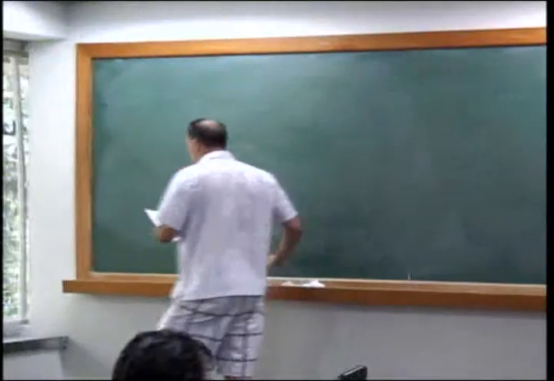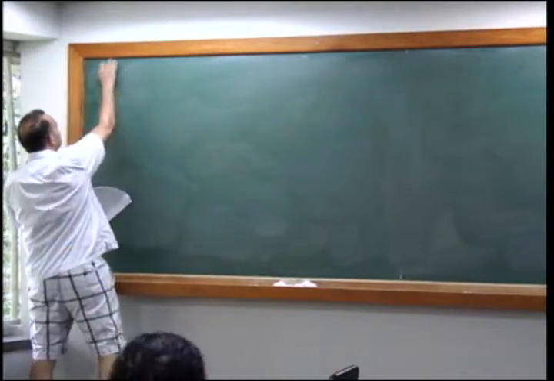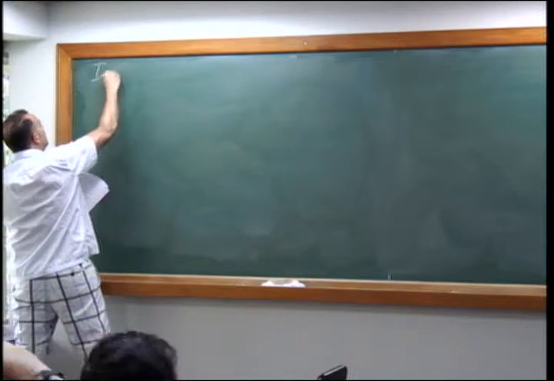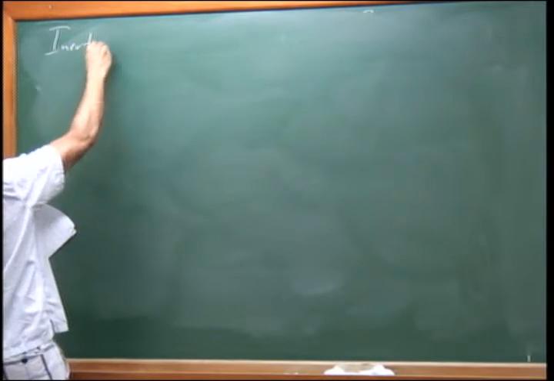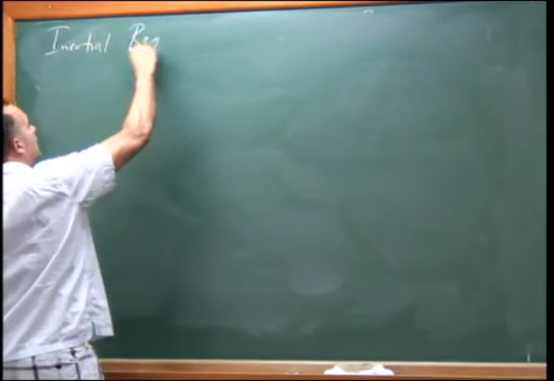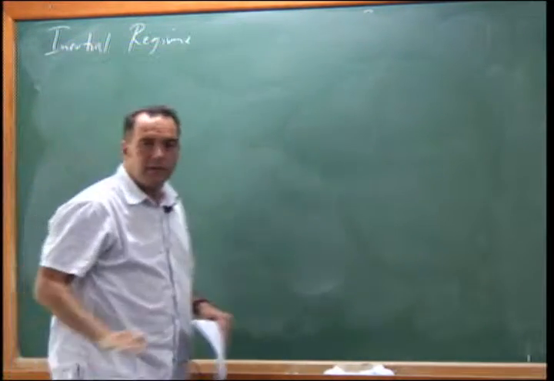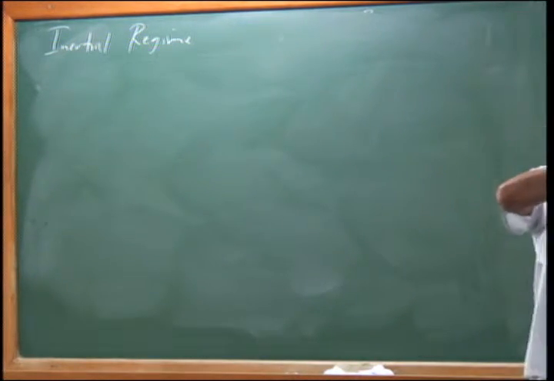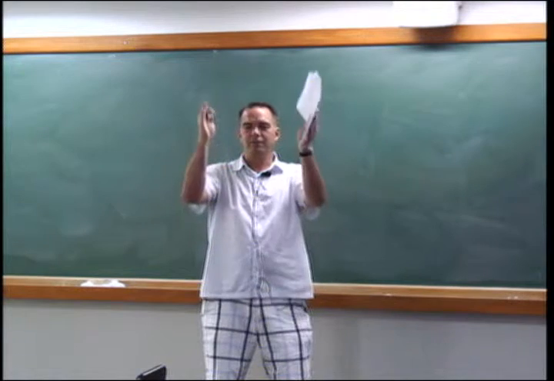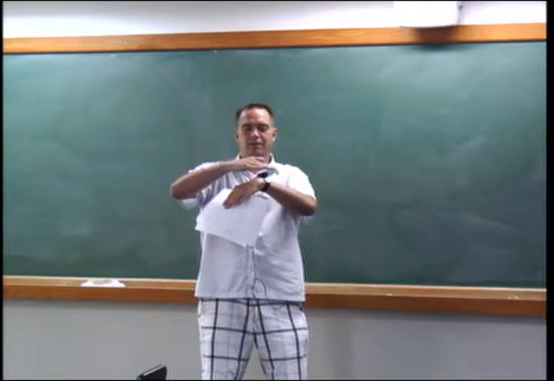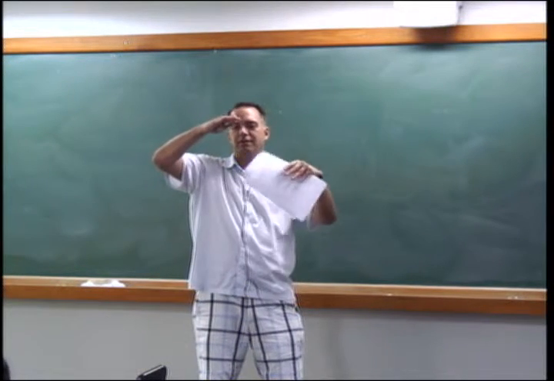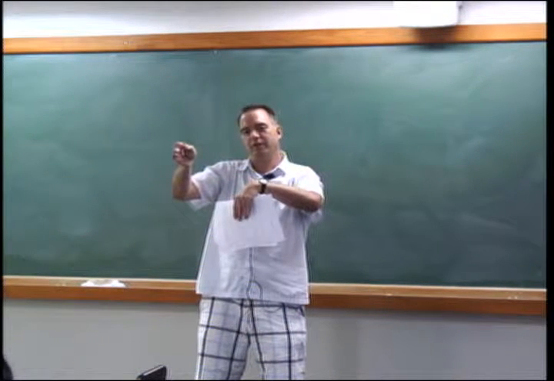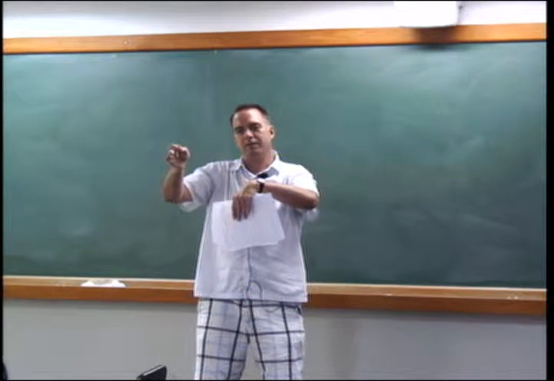What's that? Slug flow means the whole thing's just moving. The profile is flat, so the whole thing's moving at the same speed. And then in the viscous limit, it's Poiseuille flow.